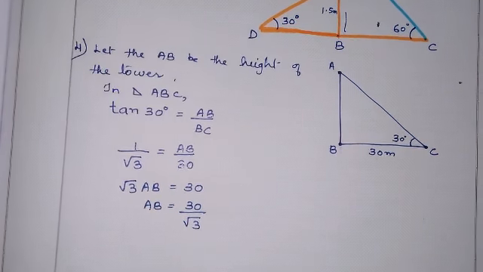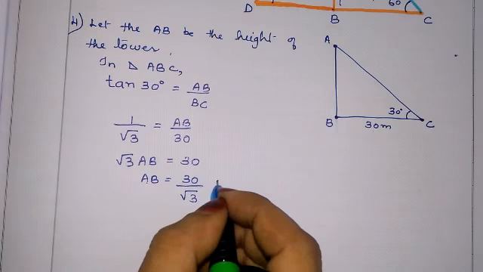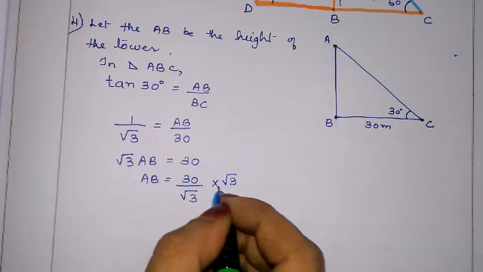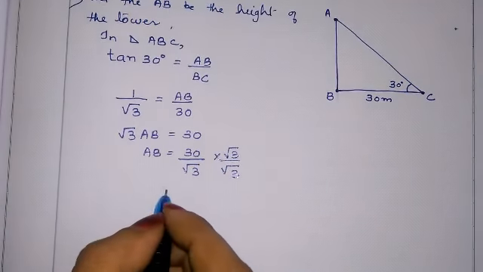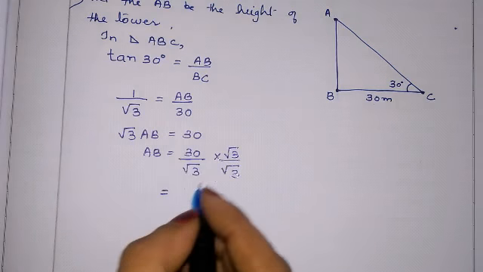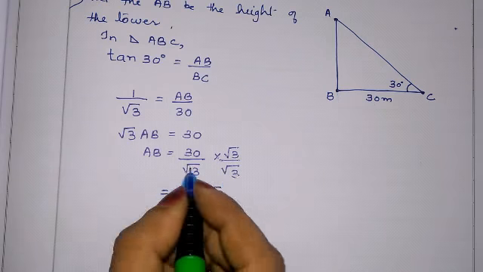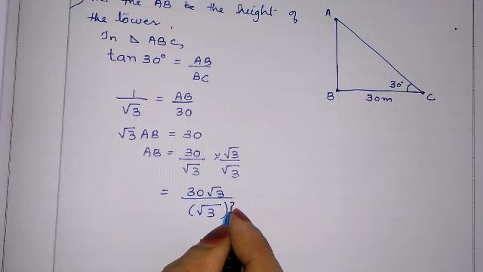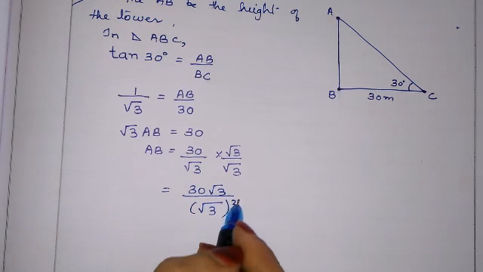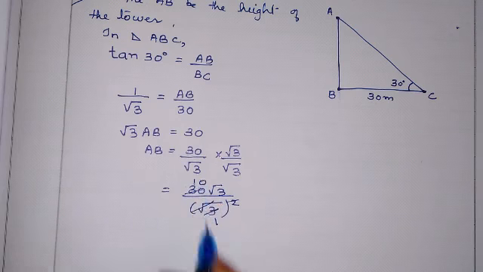Now let me rationalize the denominator. Multiply by root 3 upon root 3. 30 into root 3 is 30 root 3 upon root 3 into root 3, which is root 3 squared. Now the square and root get cancelled. 3 ones are 3, 3 tens are 30.